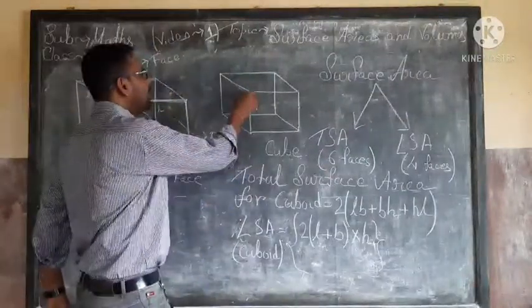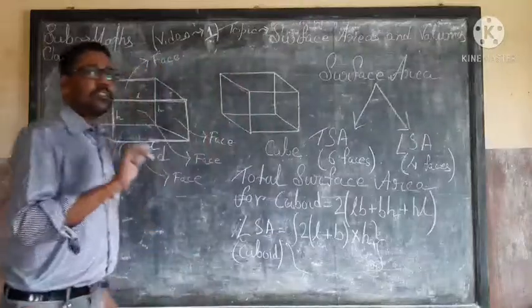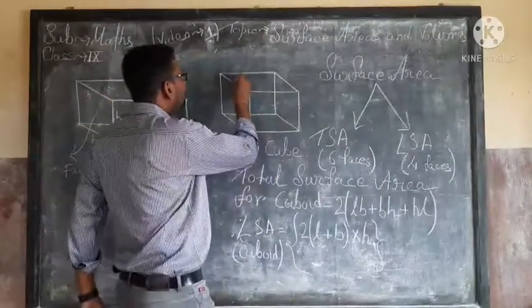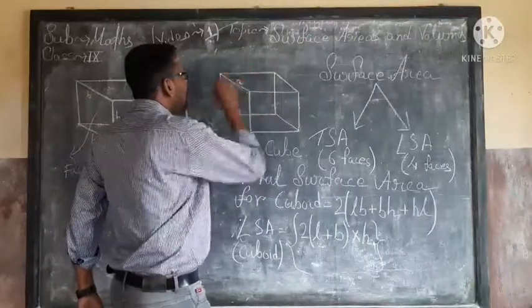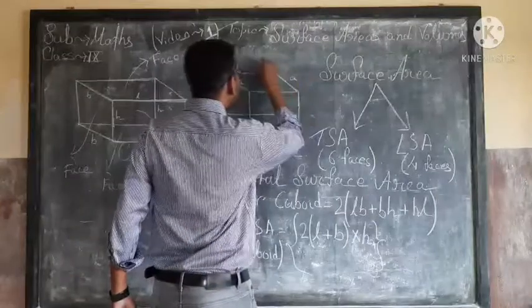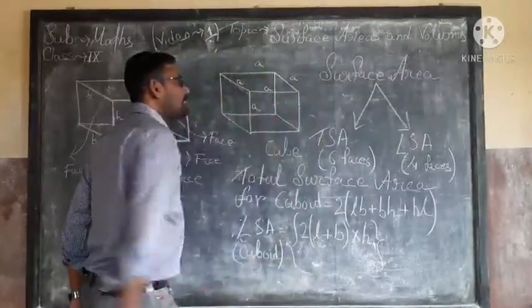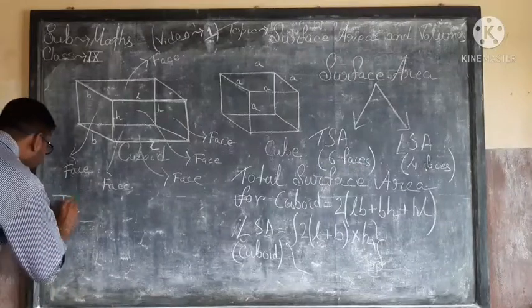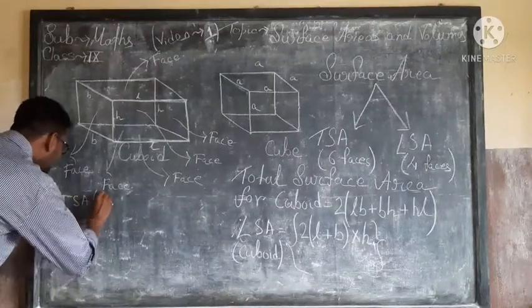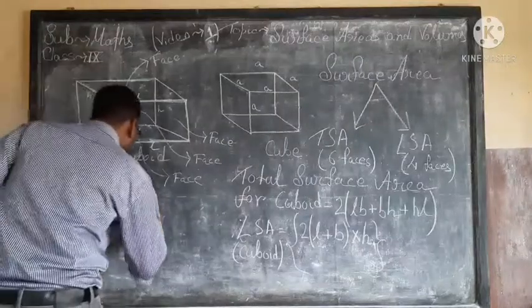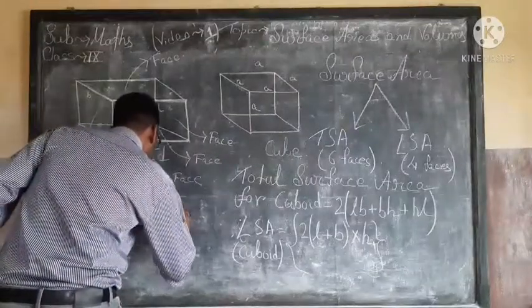Because each and every face of the cube is in the form of a square, the value of each side or every edge is the same. All the edges are the same value. That means the total surface area for the cube is equal to 6s².